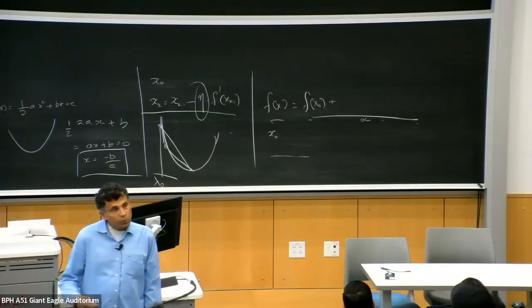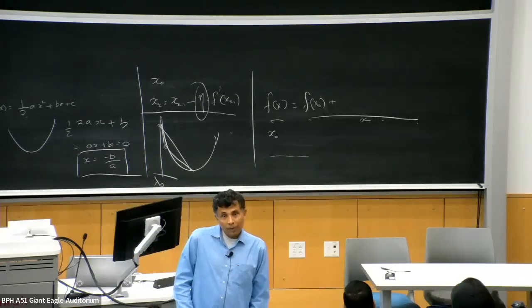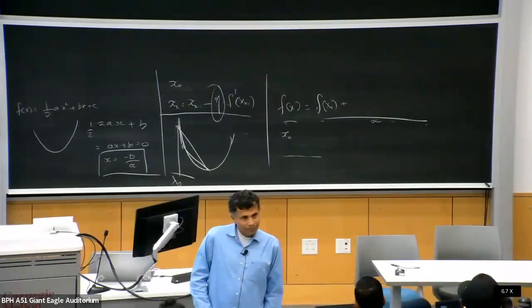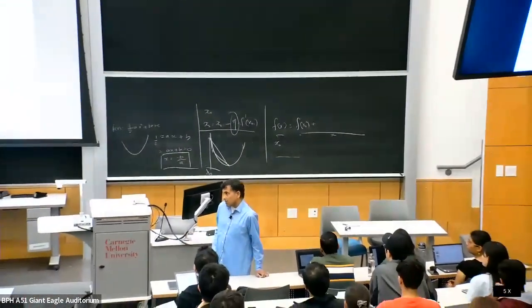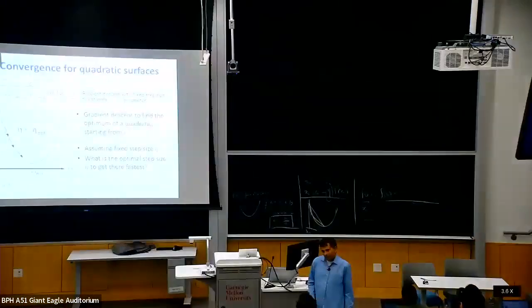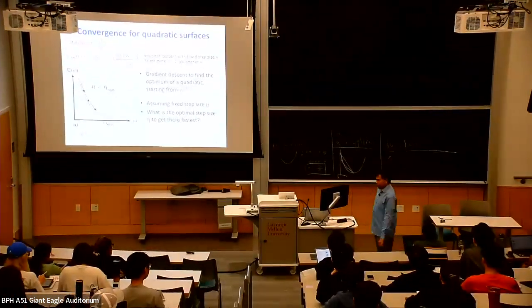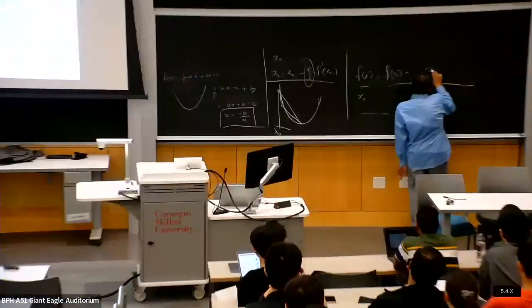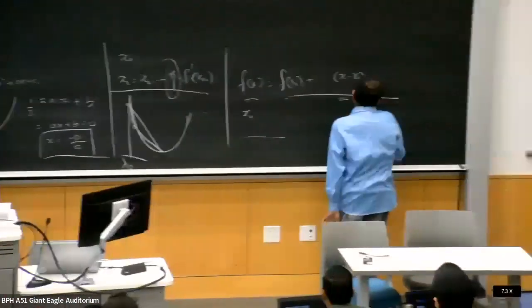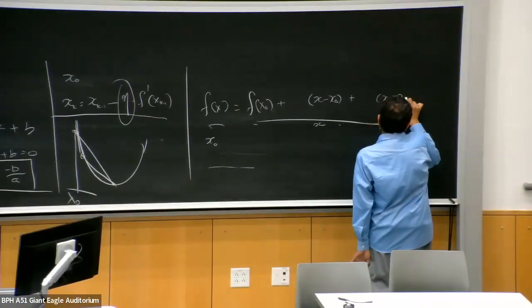So what can you tell me about what the rest of the terms are going to be? It's going to be a function of x minus x0. That way, when I set x equals x0, the x minus x0 is going to cancel out, and it's going to be a function that takes the value 0 when its argument is 0. It will have several terms, but whatever terms it has, somewhere in here must be an x minus x0.